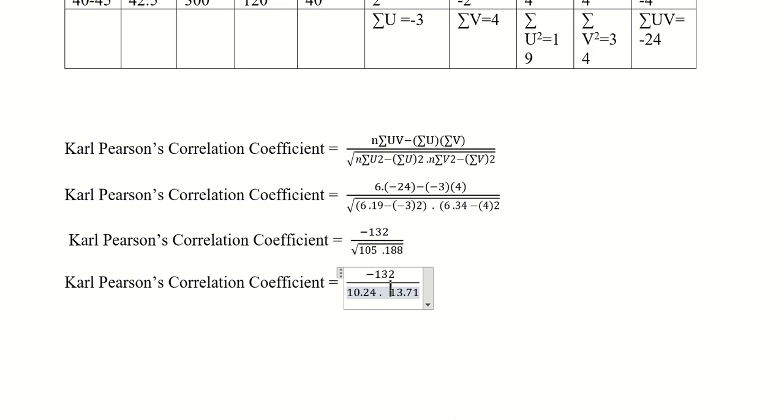Now we will solve it. If we multiply these two values, the answer we get here is 140.49.